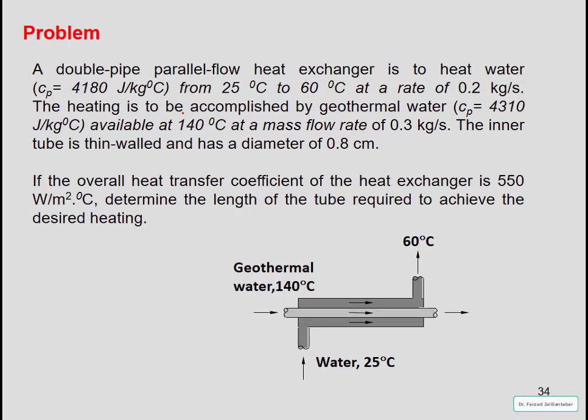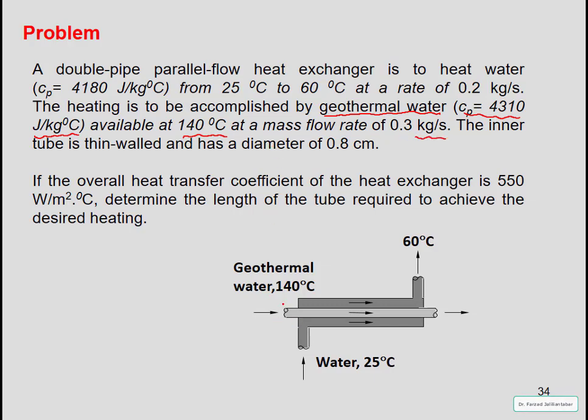The heating is to be accomplished by geothermal water. So the hot water is geothermal water, whose specific heat is different from the cold water. It is 4,310 joule per kilogram degree Celsius, and its initial temperature is 140 degrees Celsius, and its mass flow rate is 0.3 kilogram per second.